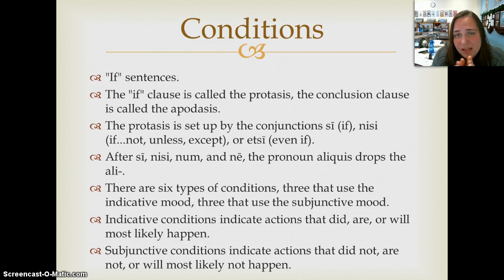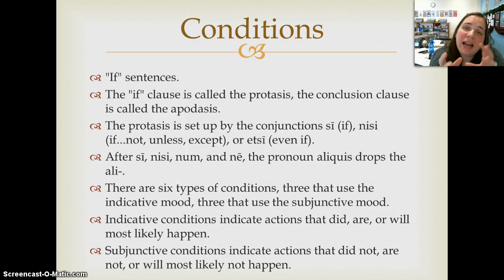Now, si and nisi have one little special aspect to them. If you want to say if someone, if anyone, if something, or if anything, you would use si aliquis. However, after the four conjunctions si, nisi, num, and ne, the ali drops off.